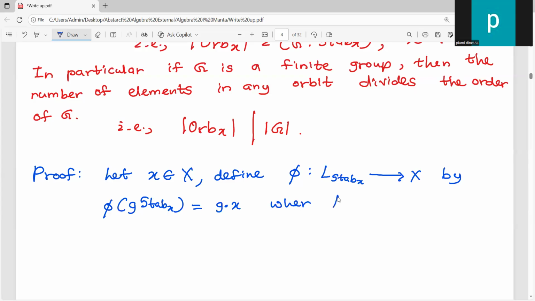And over here, I have taken L stab x to be the set of all left cosets of stab x in G.